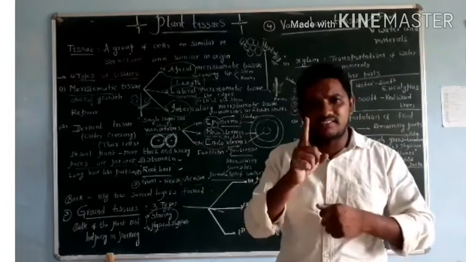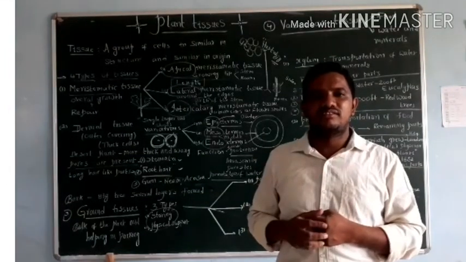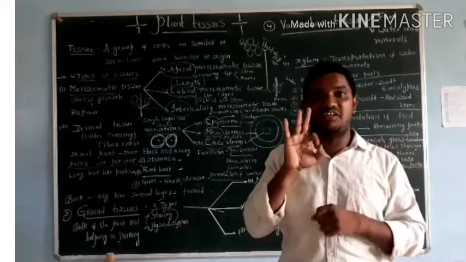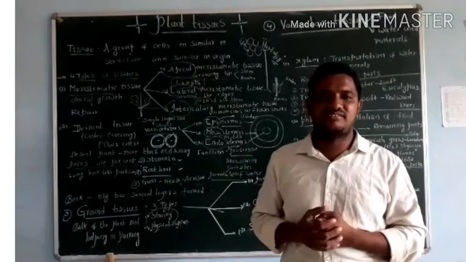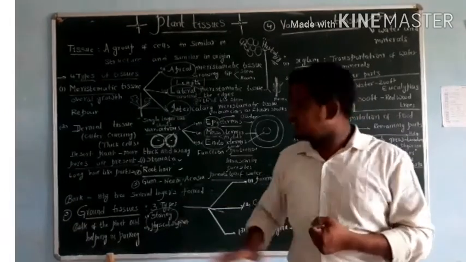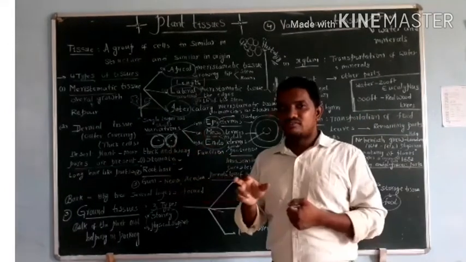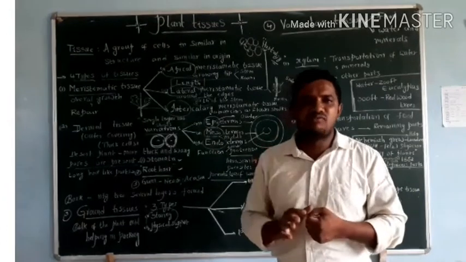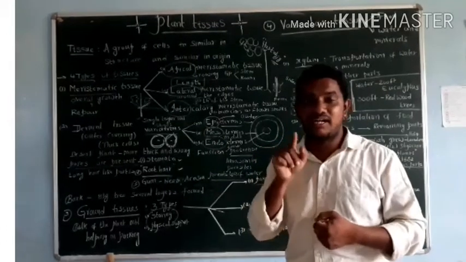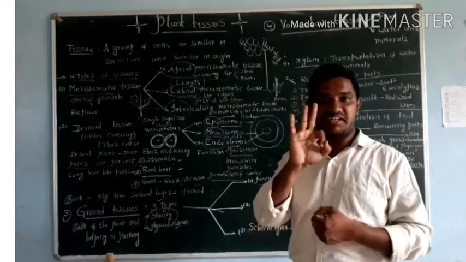It is one person only, but it has three variations. Like that, dermal tissue is made up of a single layer, but it contains three variations. Remember.